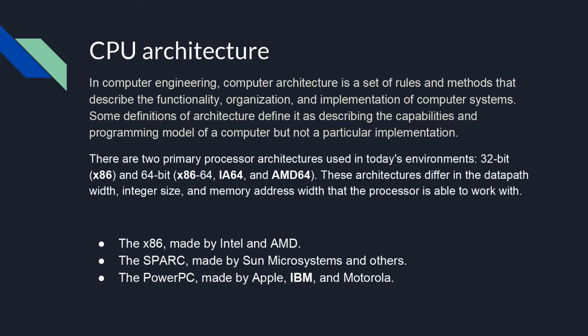Examples of CPU architectures are the x86 made by Intel and AMD, SPARC made by Sun Microsystems and others, and PowerPC made by Apple, IBM, and Motorola.